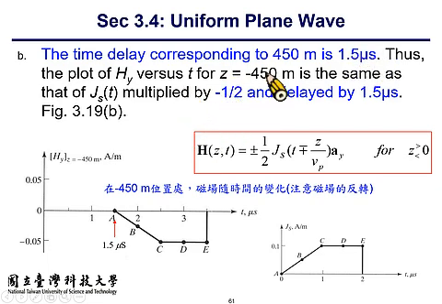And because the position is z equal to minus 450 meters, the solution you adopt is actually H equals minus 1 over 2 times the Js function, and it's in the y direction. So as you can see, in the results shown here the horizontal axis is time, and you only observe the signal starting from 1.5 microseconds to 3.5 microseconds due to the presence of the Js variation.